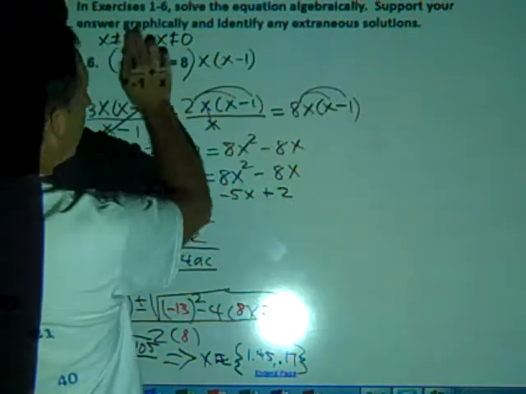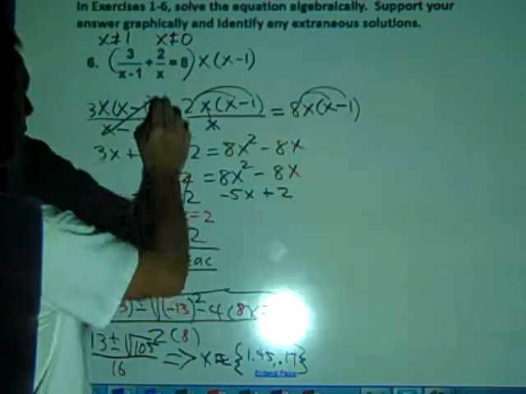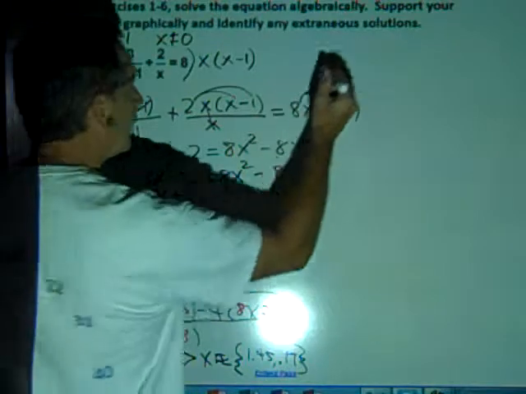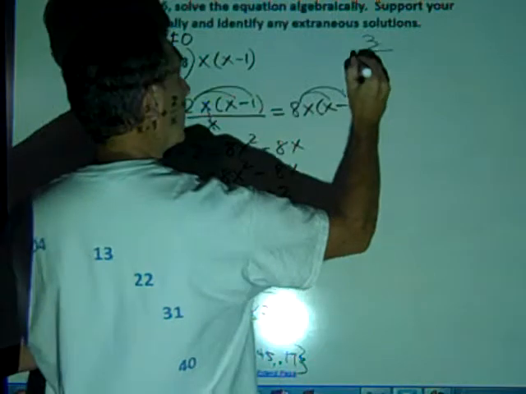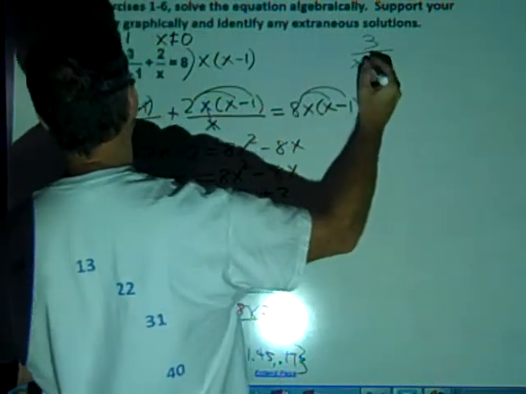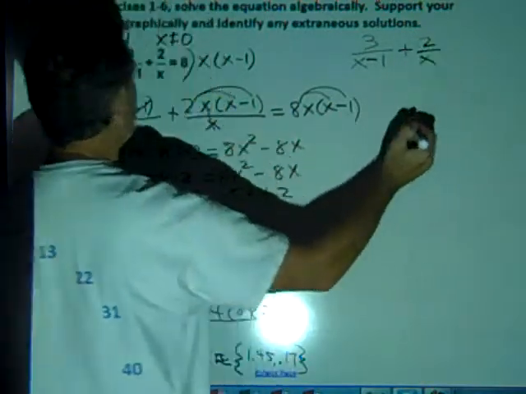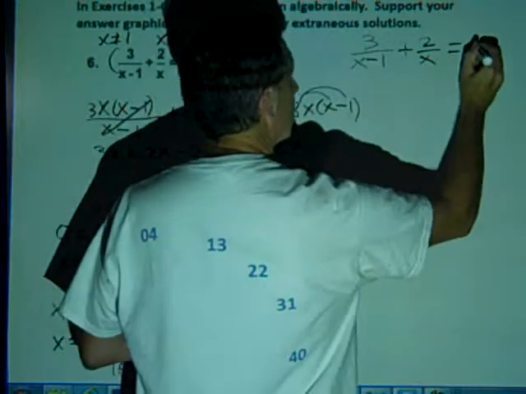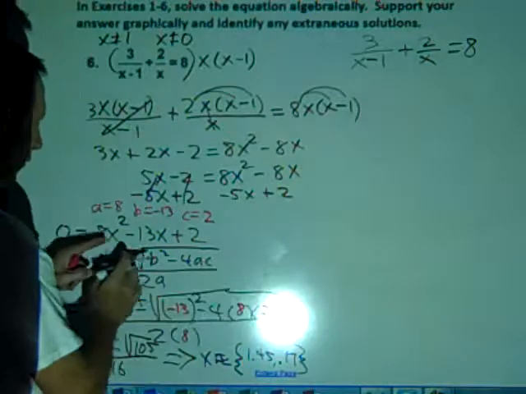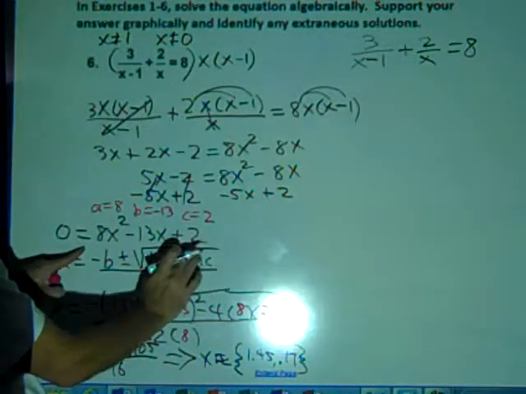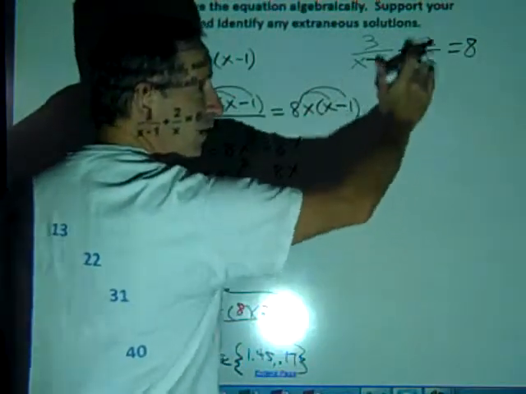Next, we're going to answer graphically, and to do that, what I like to do is take the original equation. There's a 4-step process that I like to use to solve by graphing, and we can solve any one-variable equation that I can think of that is solvable by graphing. So here's our equation, equals 8, and I like to use the original equation versus the quadratically derived equation, because it is less apt to have mistakes creep in.